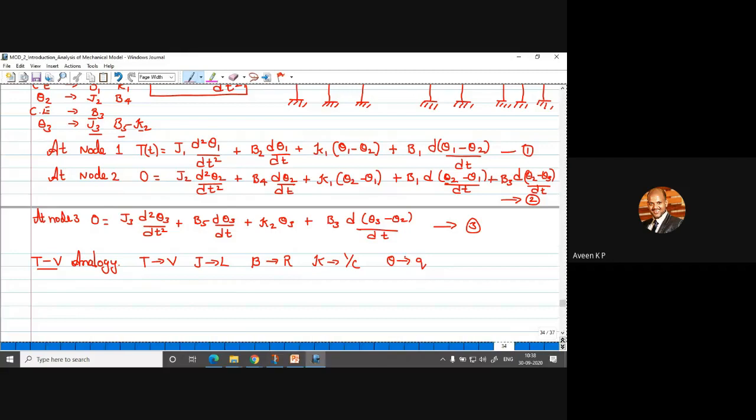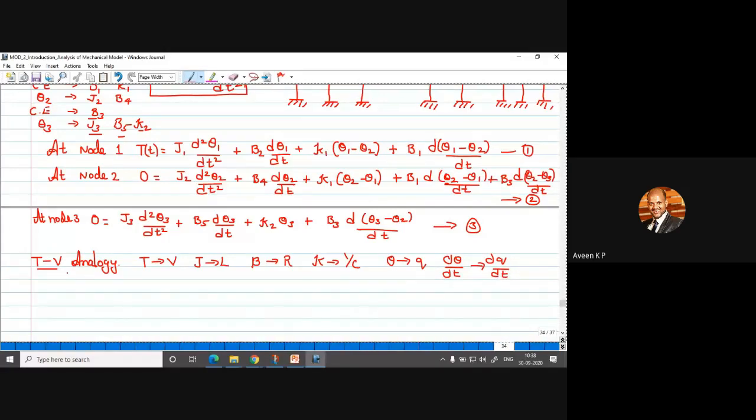So in order to write in terms of current, that is flow of current, what will we do? If I differentiate both sides, differentiation of theta with respect to dt, this will give differentiation of Q with respect to dt.